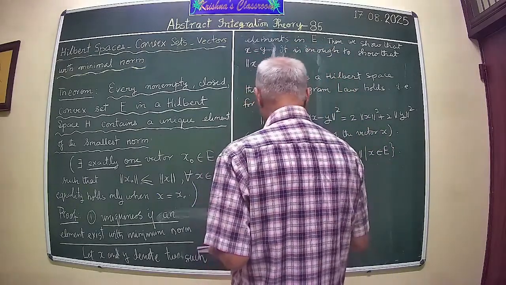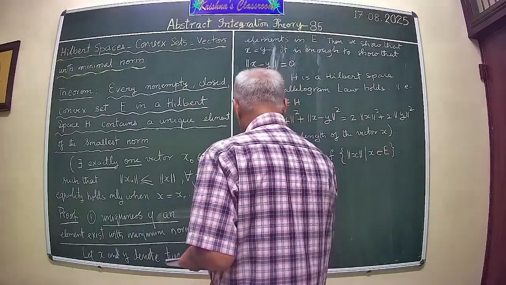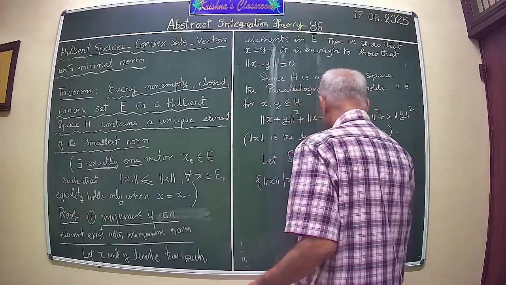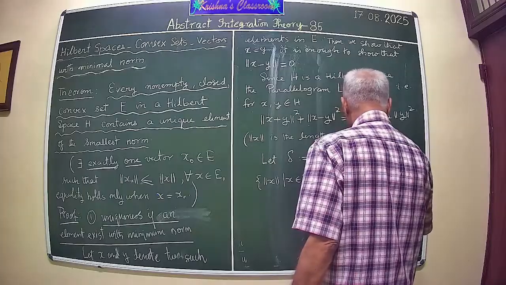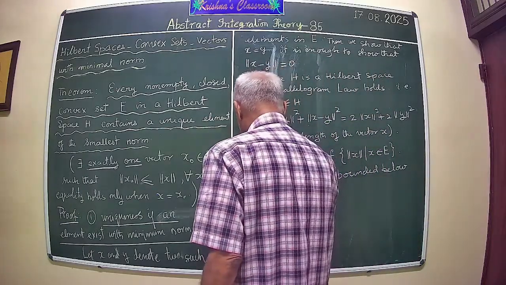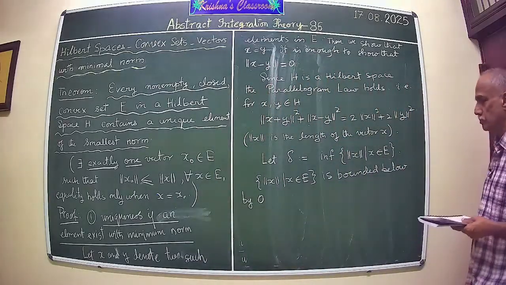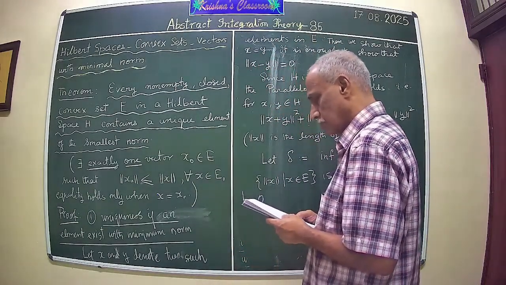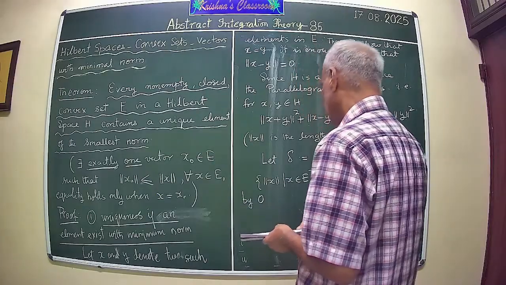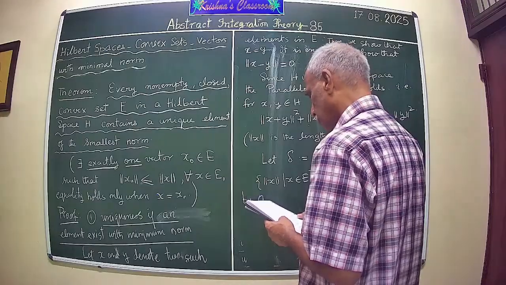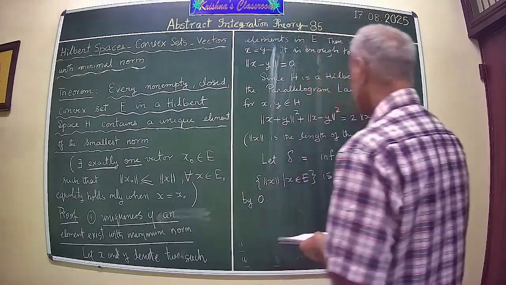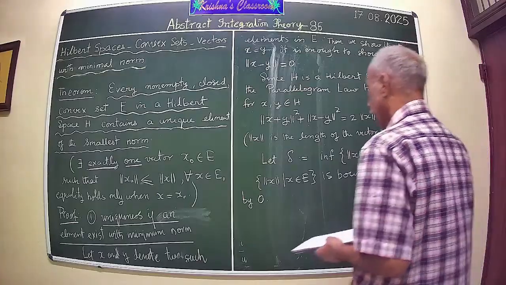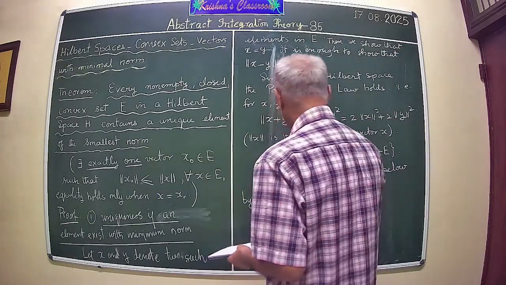Now you see that this set is bounded below by 0. Okay, by delta, that is what you mean by this.